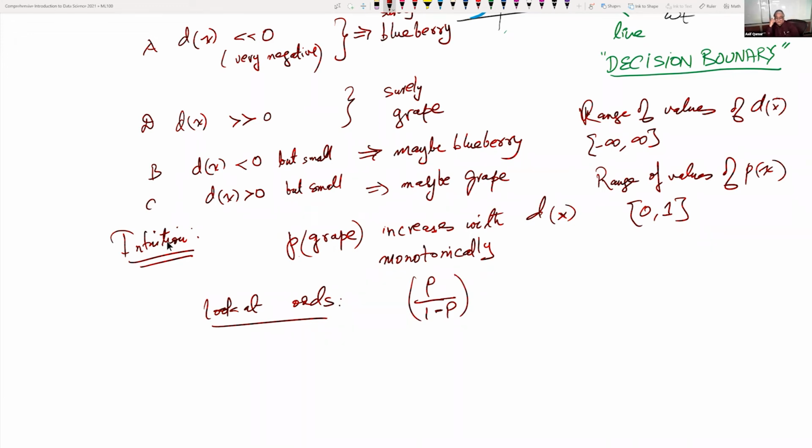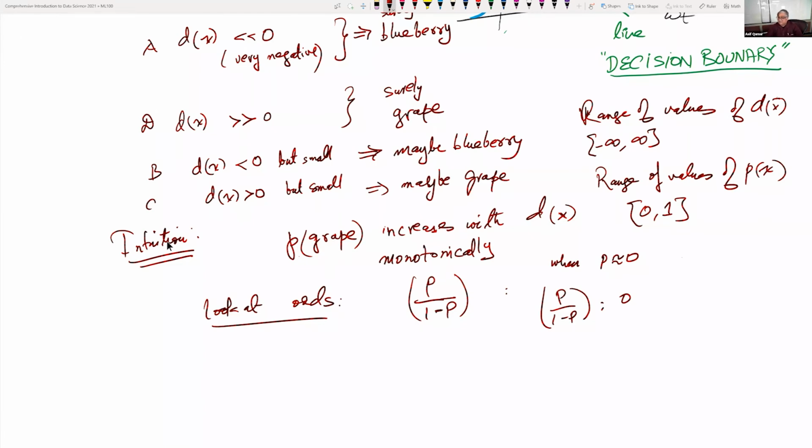People in common language talk about 1,000 to 1 odds that India will win the cricket match against, hopefully, Pakistan, right? So this is called odds. What is the range of values when P is approximately 0? P over 1 minus P will be 0, i.e. odds is 0.